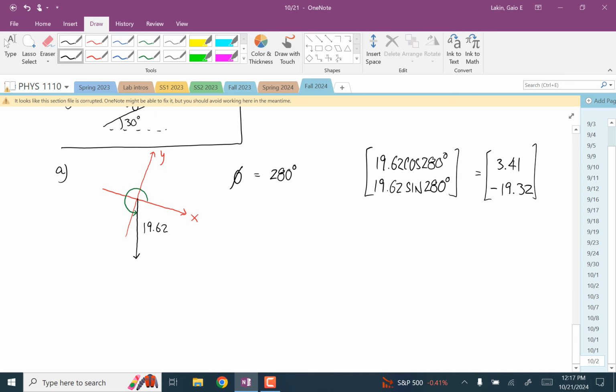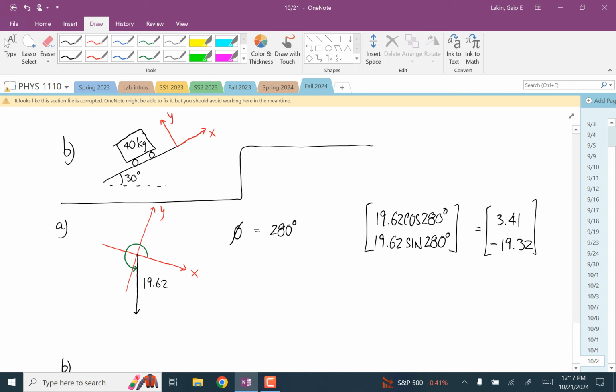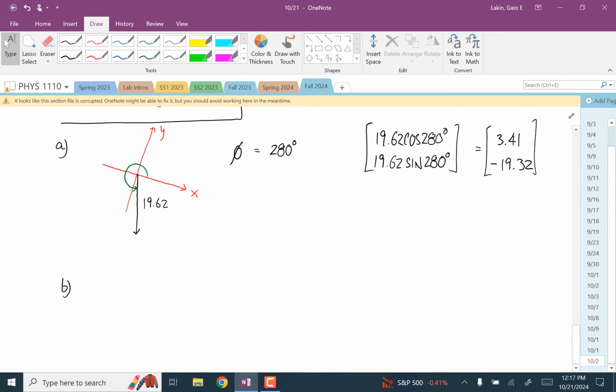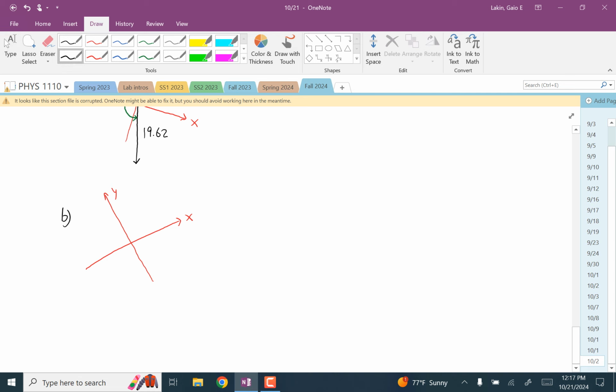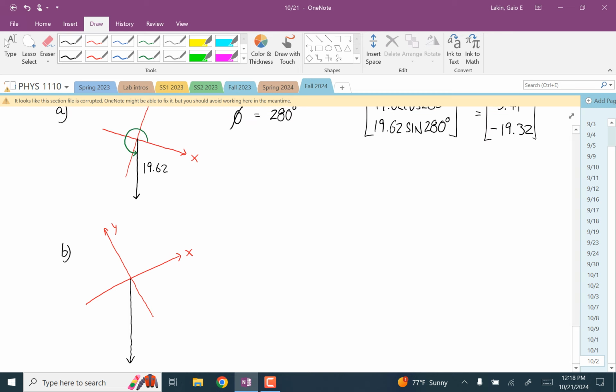And now let's do the same thing for part B. So this time our coordinate system is this. And so the angle that we want starts at the x-axis, goes around to the vector.